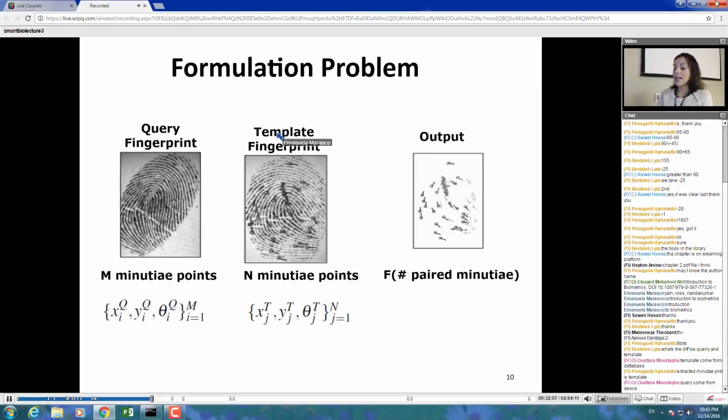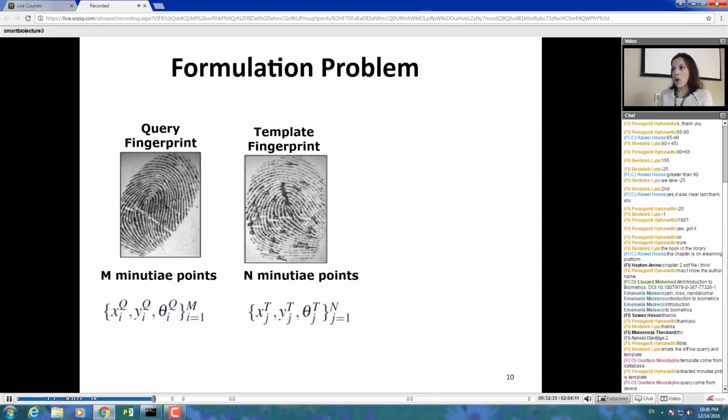And this is the ground truth that we have. The query is called query because we don't know if the claimed identity is the true one. So the system will have to verify by comparing the minutia points extracted from the query and the template. At this point, given the question, I can go back to the architecture very quickly.